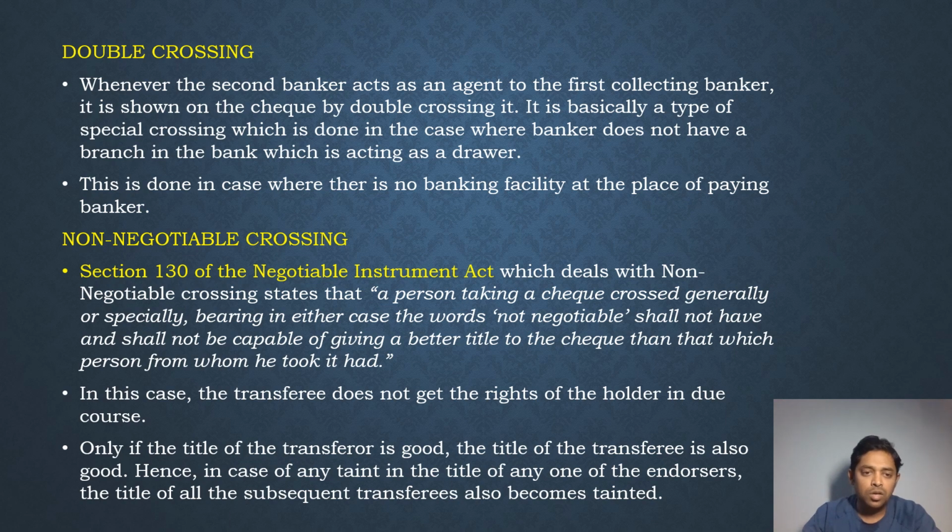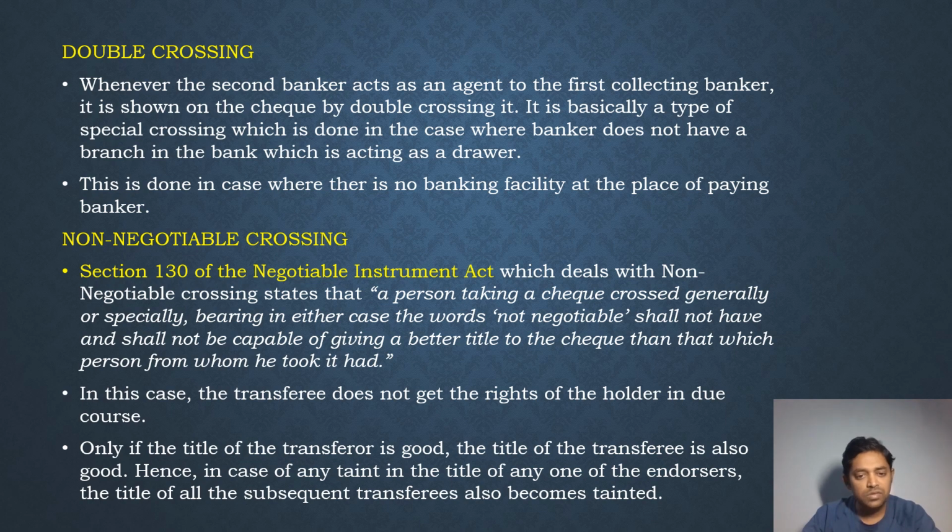Not negotiable crossing. Section 130 of the Negotiable Instruments Act, which deals with not negotiable crossing, states that a person taking a check crossed generally or specially, bearing in either case the words not negotiable, shall not have and shall not be capable of giving a better title to the check than that which the person from whom he took it had.